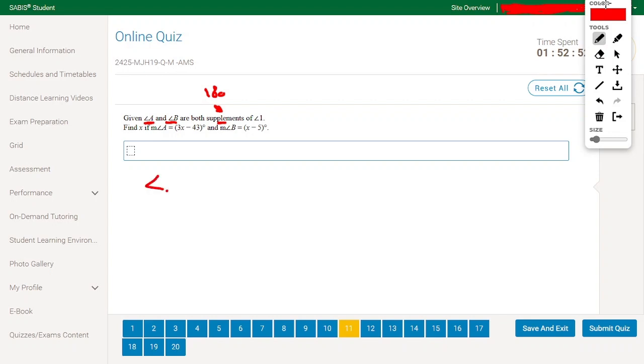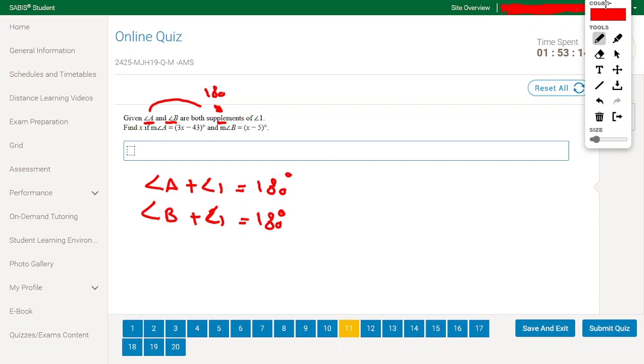So angle A plus angle 1 equals 180. At the same time, angle B plus angle 1 is also equal to 180.